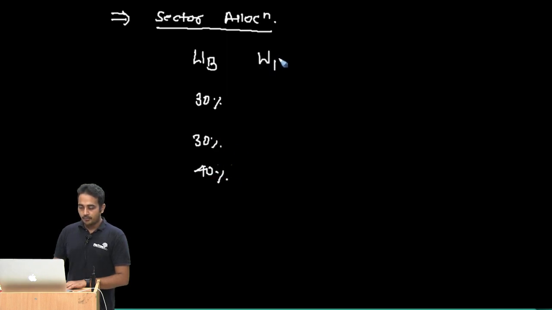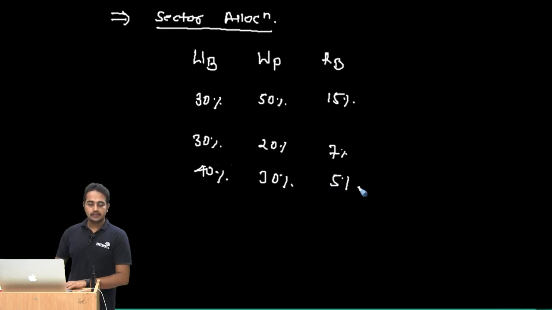Weight of the portfolio 50, 20 and 30. Return on the benchmark 15, 7 and 5. This was pharma, banking and IT.